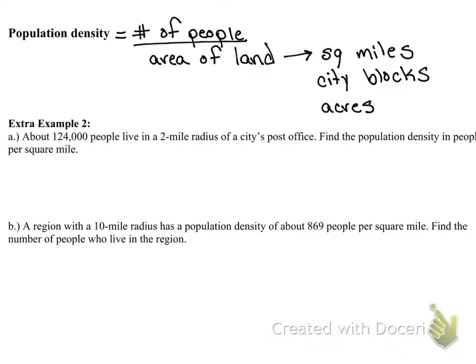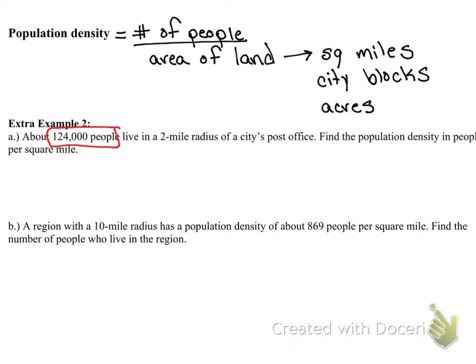Less dense areas, acres and so forth and so on. Okay. So here we have an extra example 2. About 124,000 people live in a 2-mile radius of a city's post office. So there's our number of people.